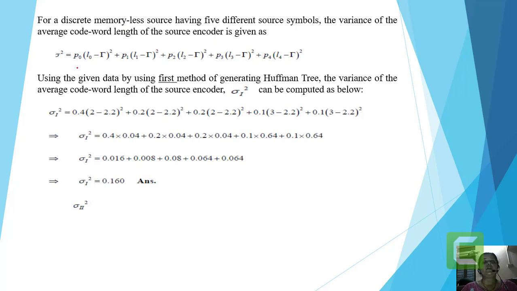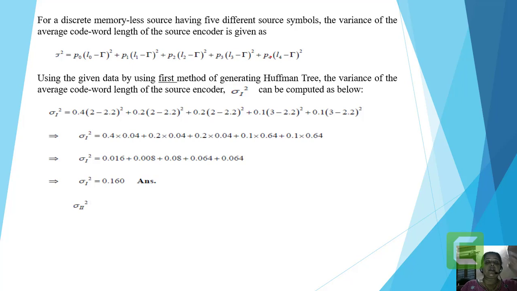The variance is sigma square x equal to the probability of that symbol times the length of that symbol minus the average code word length, bracket squared, plus the next probability associated with the symbol times that symbol length minus the average code word length, bracket squared. And we have to write a like term for each of the symbols.